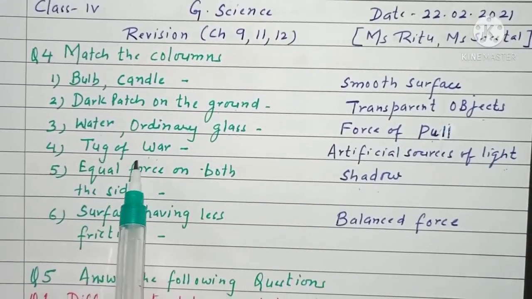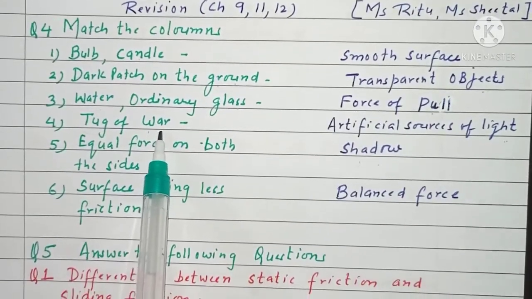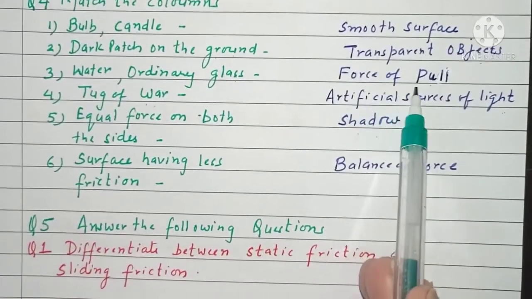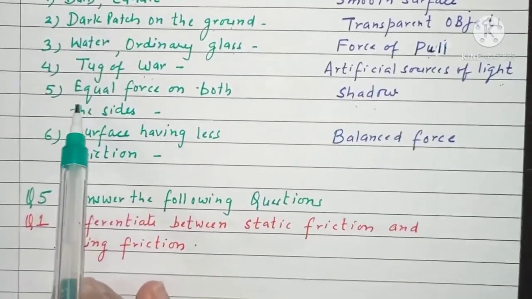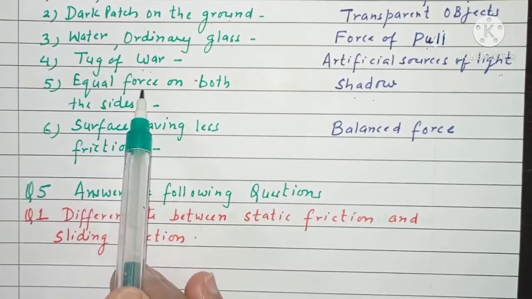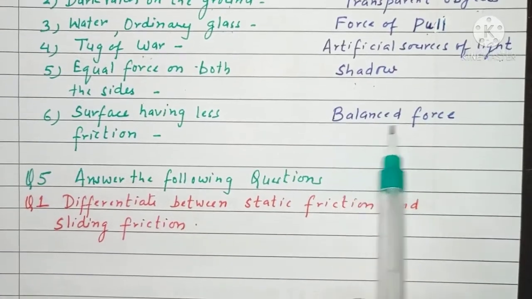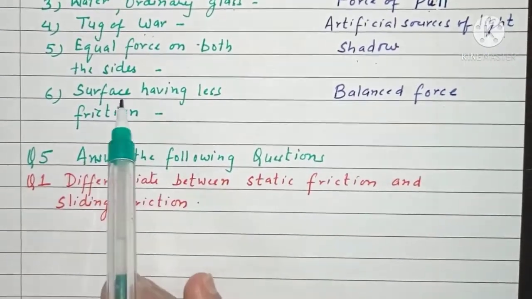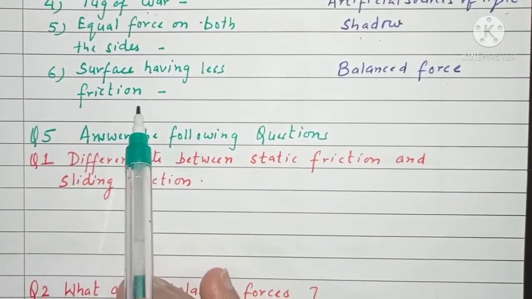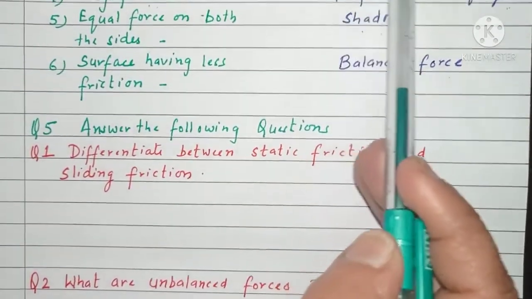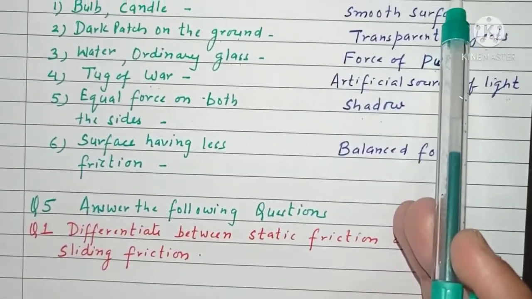The game of tug of war is an example of force of pull. Number 5, equal force on both the sides is in a balanced force. And the surface having less friction is a smooth surface.